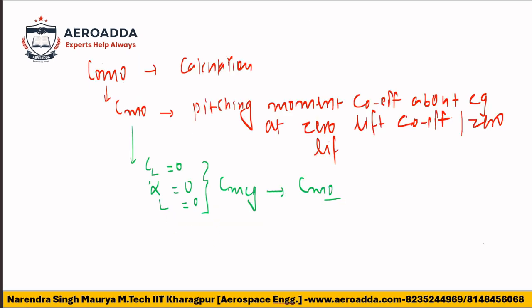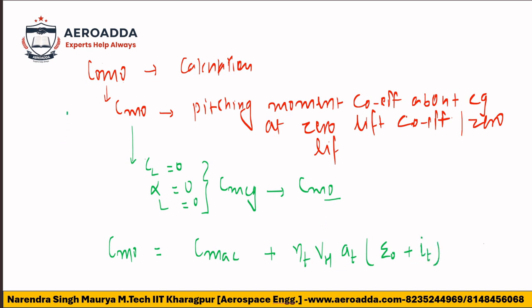So if you calculate and write the value of CM naught, which is very special, and which they had asked in the GATE exam, I would say it's nothing but the first component, which is the pitching moment coefficient about the aerodynamic center, plus this value: eta t, V_H, a_t, slope, in bracket epsilon naught plus the angle of incidence for the tail.